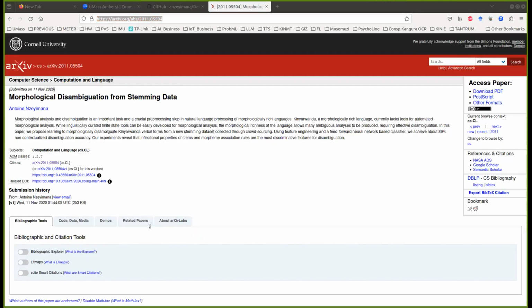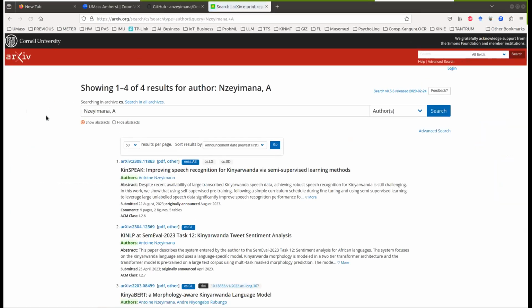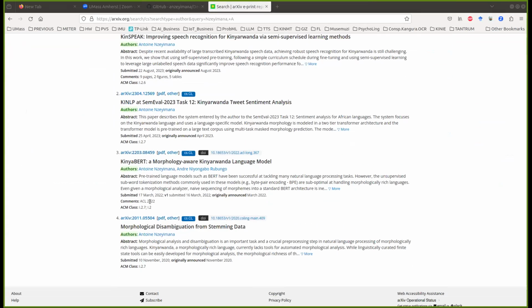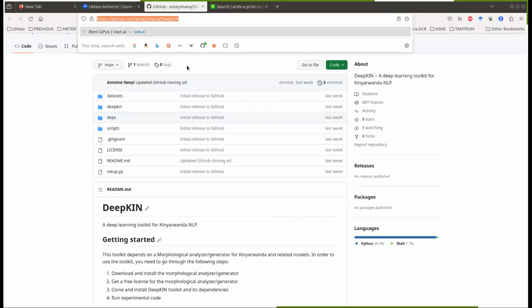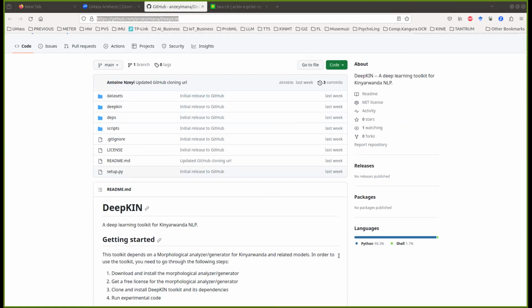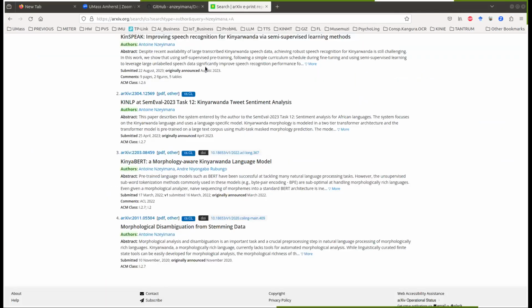So this is the paper about morphological disambiguation. Antoine, I believe you're sending me the links. You're not sending them to the full chat. Yeah, sorry. Okay. So this is the NLP toolkit that points you to the morphological analyzer and the deep learning toolkit for Kinyarwanda.